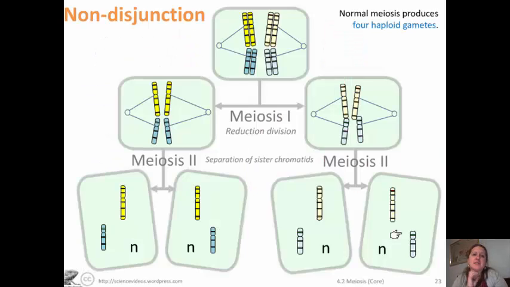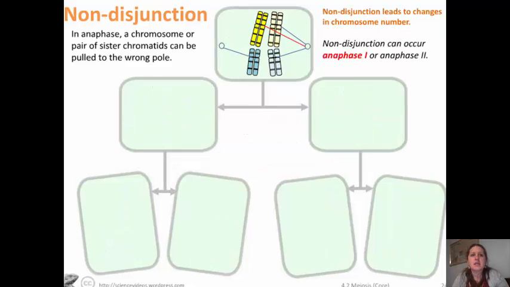All right, so let's go back to this idea of nondisjunction. Nondisjunction is when chromosomes fail to separate properly. And I have in this image the process of meiosis, both meiosis 1 and meiosis 2, with normal separation. Nondisjunction is going to lead to changes in chromosome number.